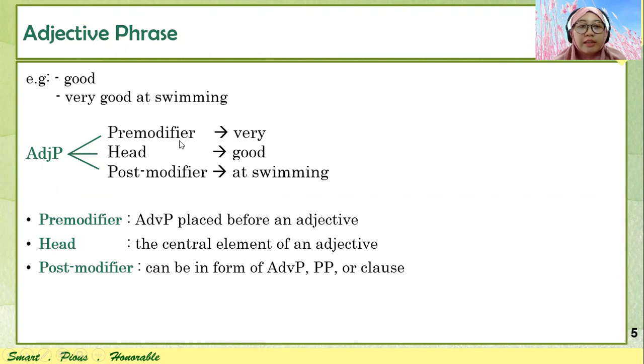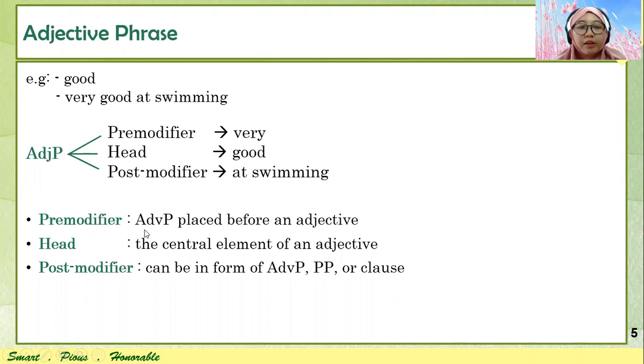Jadi yang penting itu hanya satu headnya. Jadi premodifier itu dihilangkan tuh nggak apa-apa. Post modifier juga if we omit that it's also okay. So the premodifier in this example is very, and then the head should be an adjective, yeah, good. And then a post modifier at swimming, so very good at swimming.